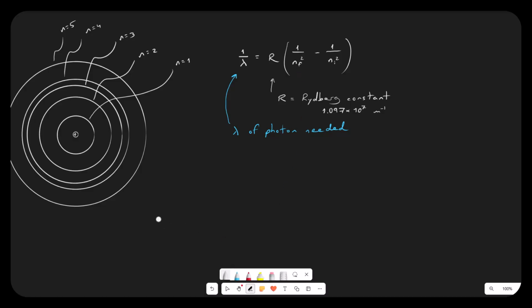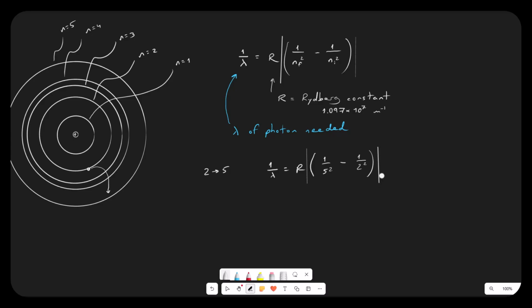So if I've got an electron that's sitting here in the n equals 2 level, and I would like this to jump up to the n equals 5 level, a 2 to 5 transition, I'm going to say 1 over the wavelength equals R times 1 over 5 squared minus 1 over 2 squared.